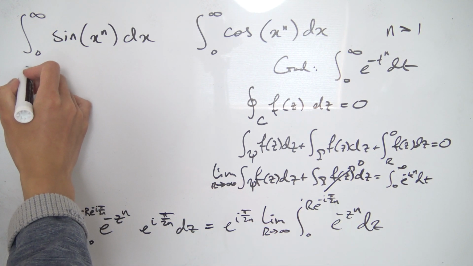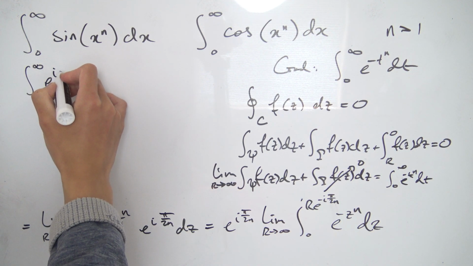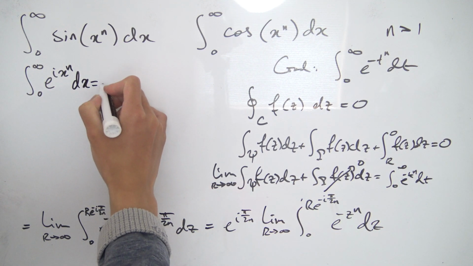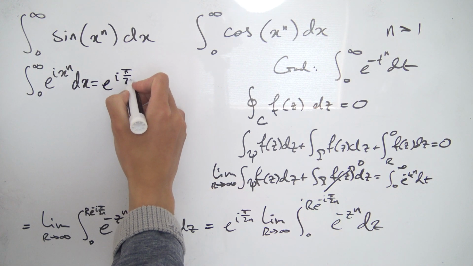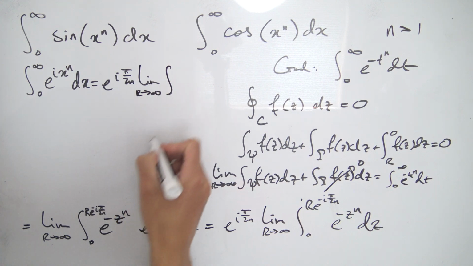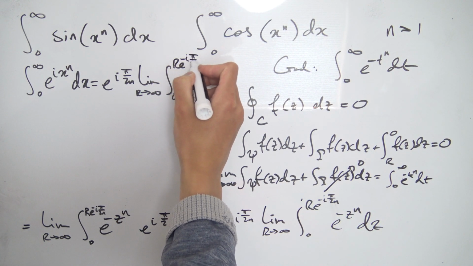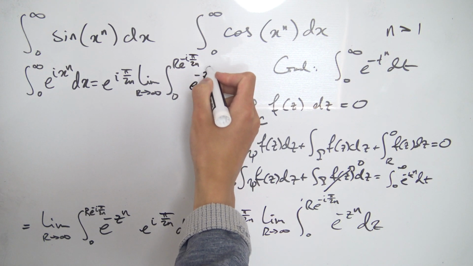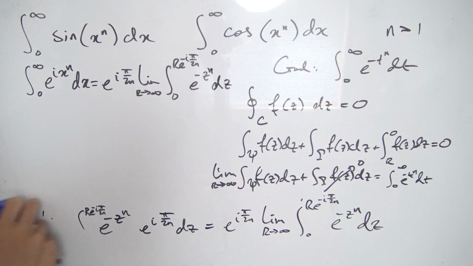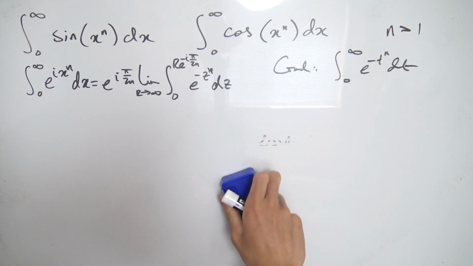We said that the integral from 0 to infinity of e to the I times x to the n dx is equal to e to the I pi over 2n times the limit as r approaches infinity of the integral from 0 to r of e to the minus I pi over 2n times e to the minus z to the n dz. So this is what we have so far. And now our goal is to show that the integral over gamma goes to 0.